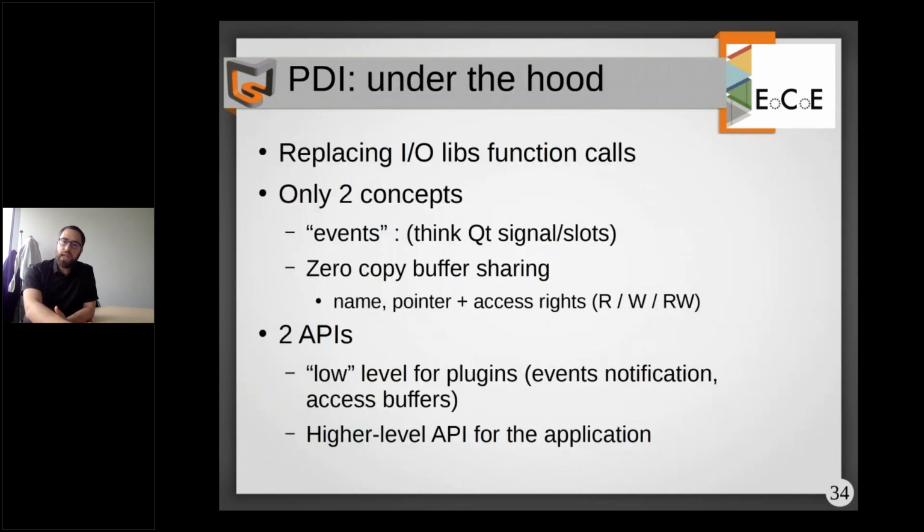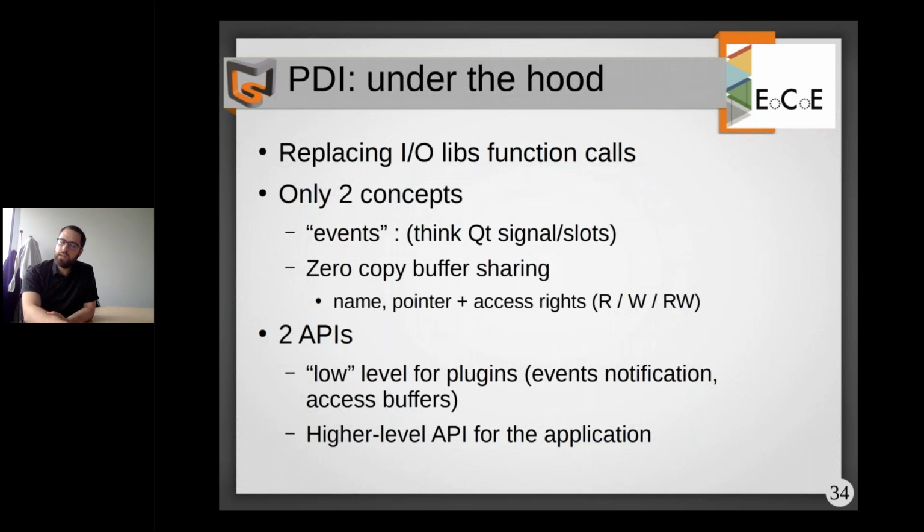So this is the main user API. What we've seen is that PDI enables you to replace IO library calls by PDI calls with only two concepts. The first one is the concept of event. Basically, you specify that this is a place where you accept to transfer control to PDI plugins.